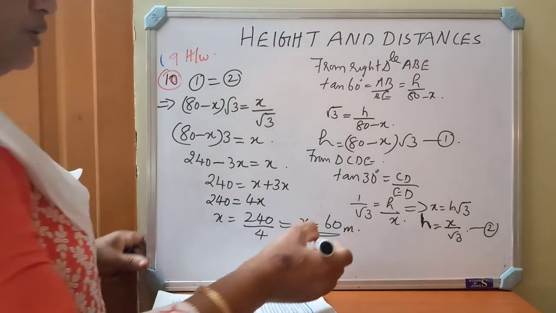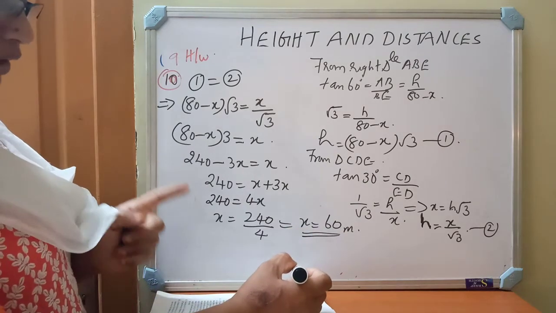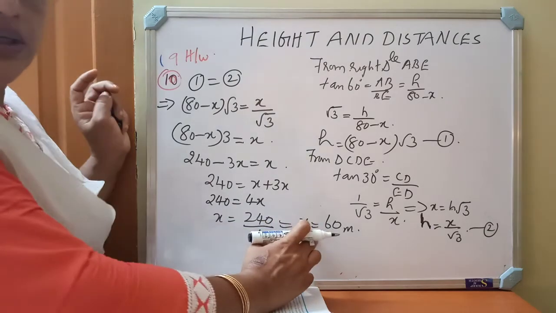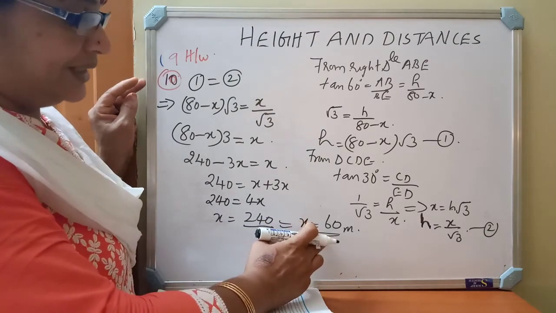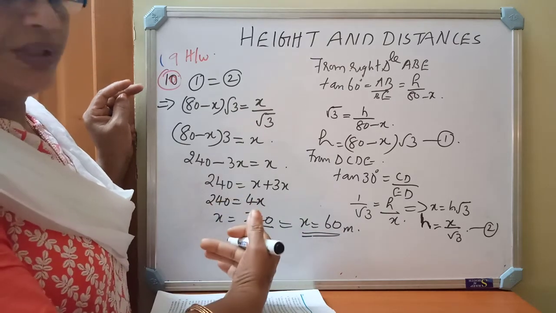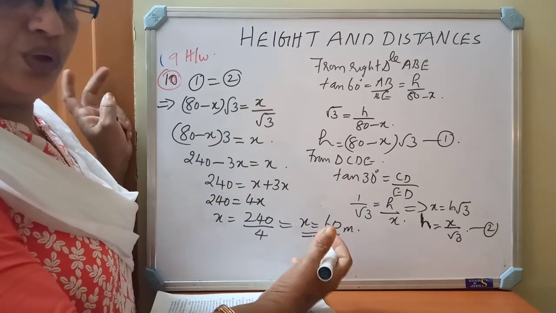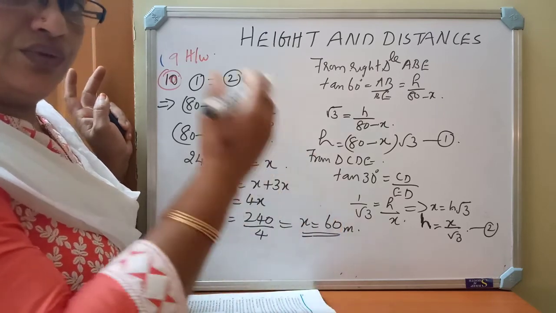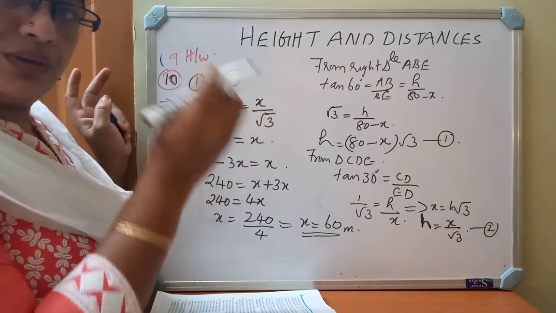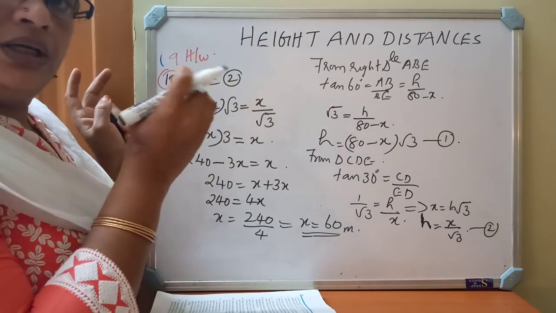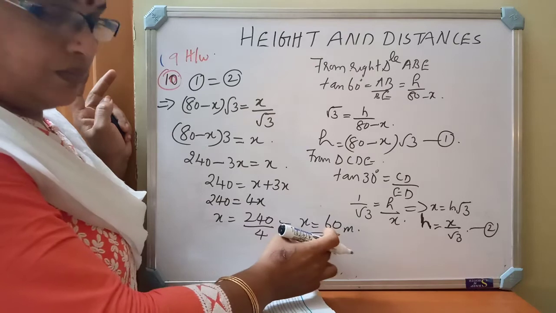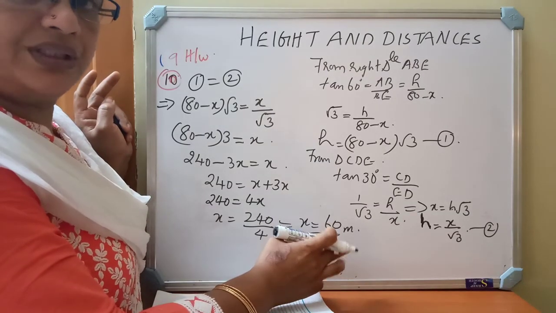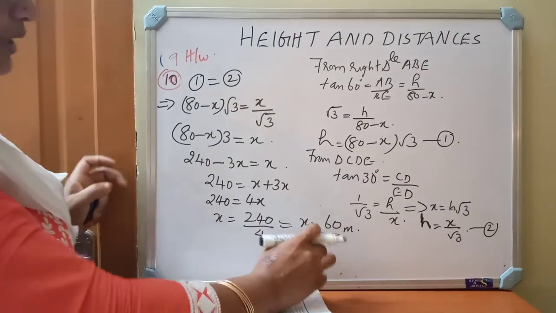So we got the value of x, the distance of the point of observation from the second pole, that is 60 meter. The first pole is 80 minus x, which is 80 minus 60, that is 20 meter. The first pole is 20 meter from the point of observation, and the second pole is x, that is 60 meter from the point of observation E. So what will you write as the conclusion?